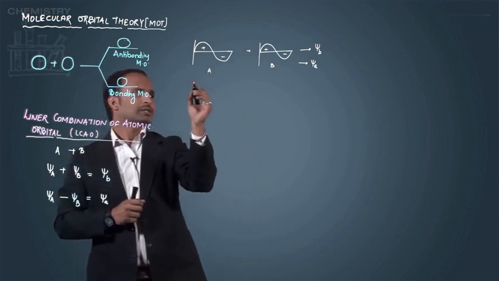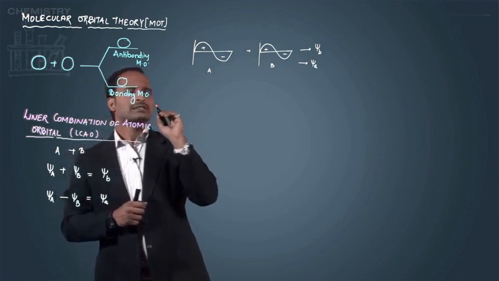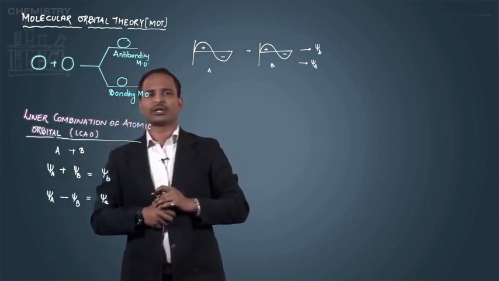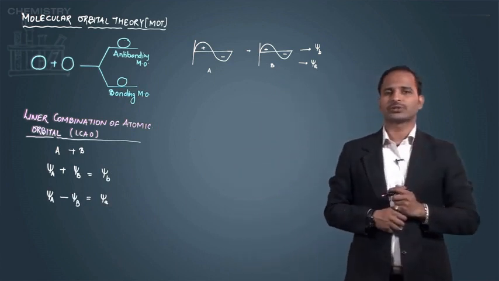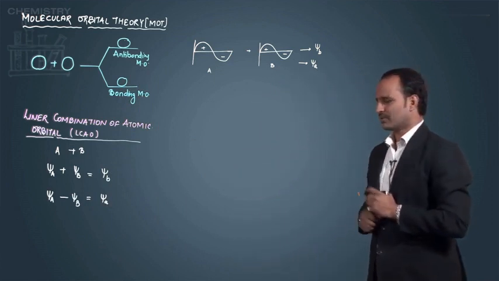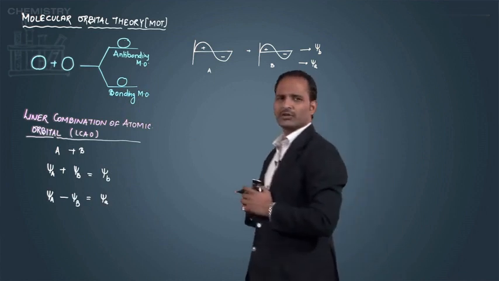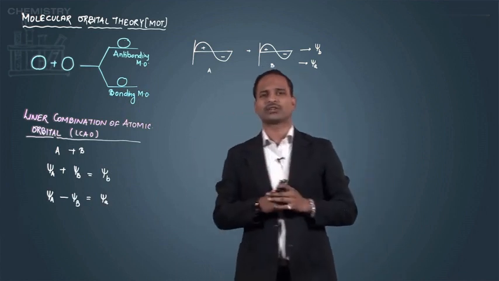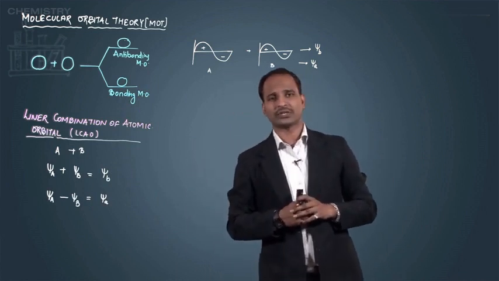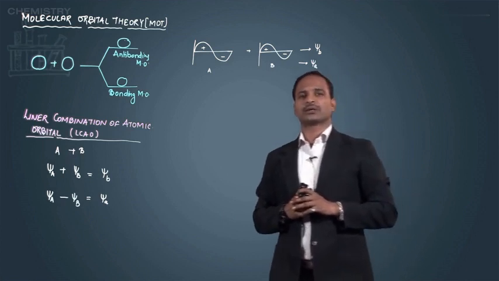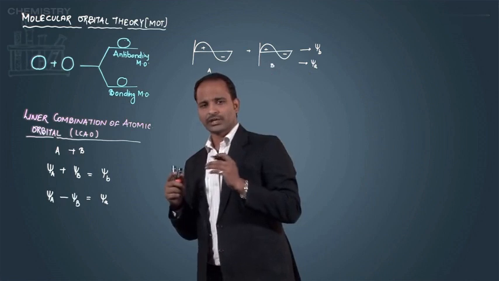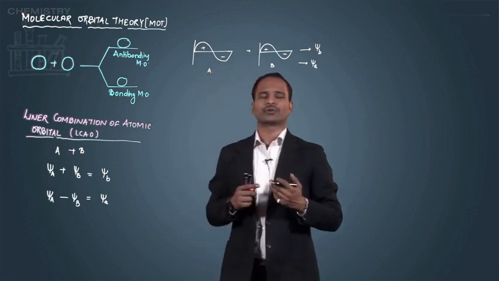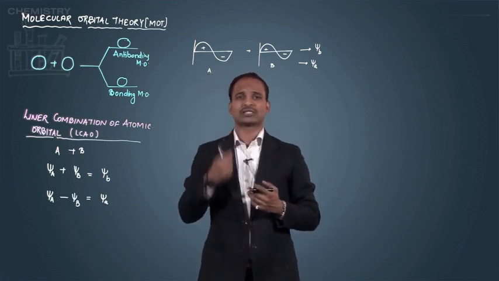Now let's see which types of molecular orbitals are forming. In the syllabus we are talking about molecules where the total number of electrons is 20 or less than 20.